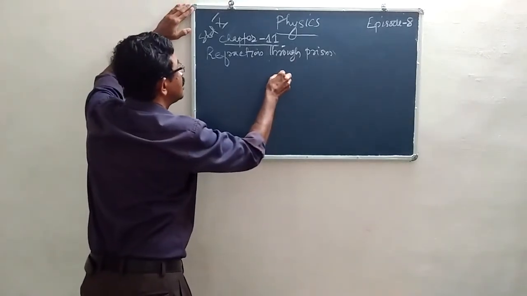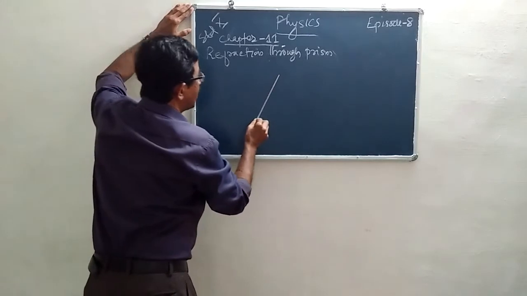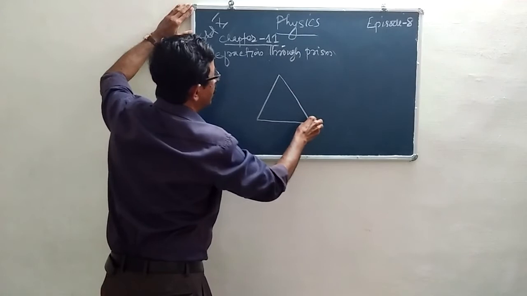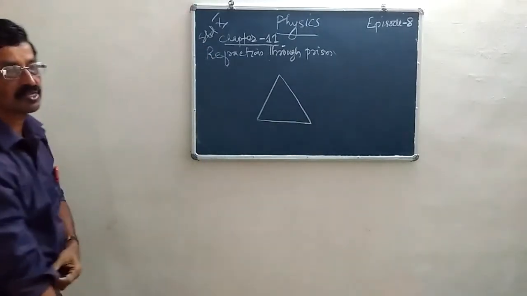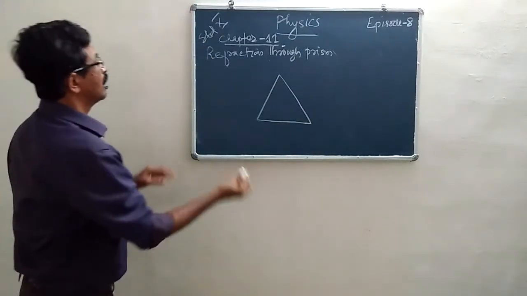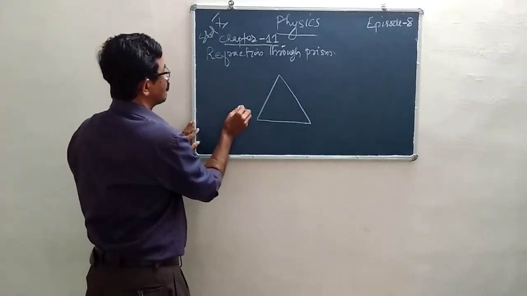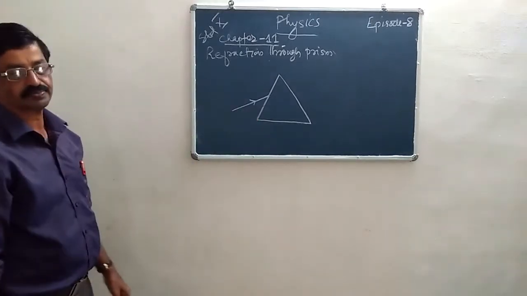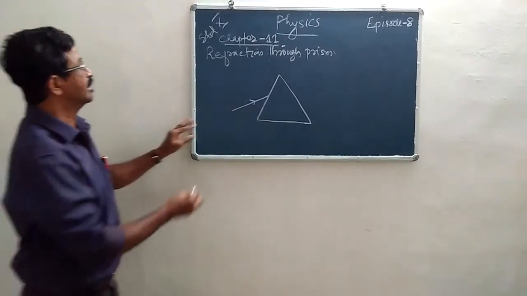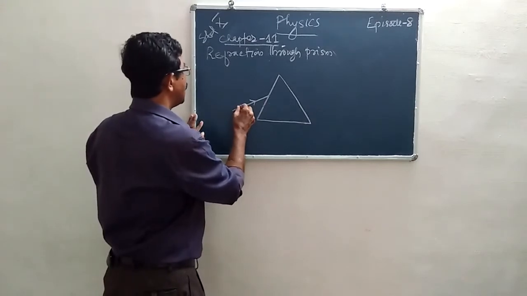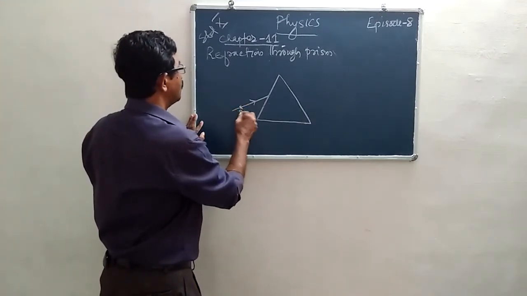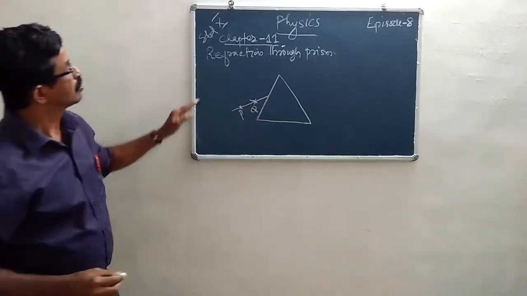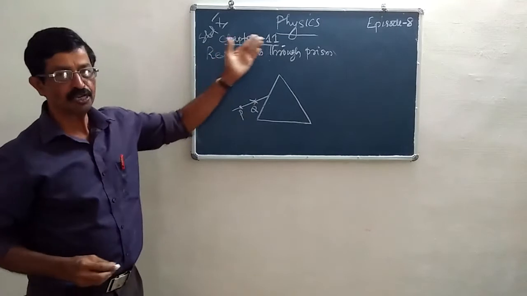See, place a triangular prism with its base on a sheet of paper. Now, let a light ray be allowed to fall on this side. And here are two pins, let it be P, and another pin Q. Suppose this is a drawing board.